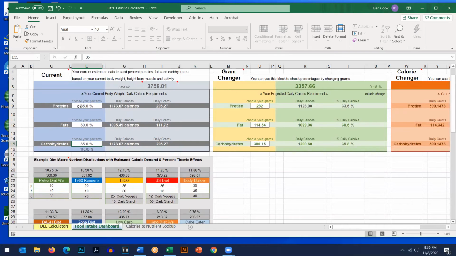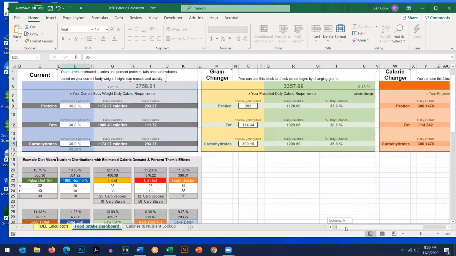When you start putting percentages in, it's going to tell you how many grams you need. And that means you're going to be counting the backs of boxes, or doing weight measurements in order to take these calories at these percentages of proteins, fats, and carbohydrates. And these are the grams you're going to need each day to satisfy those requirements.